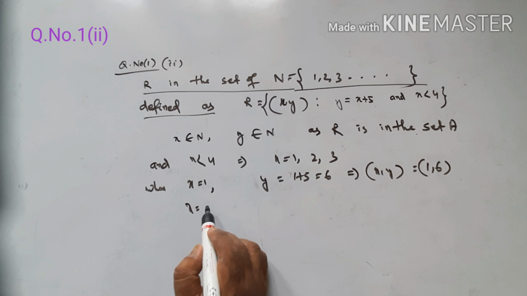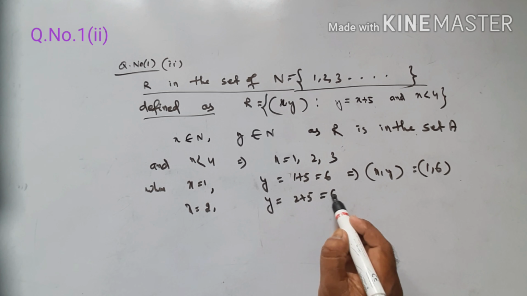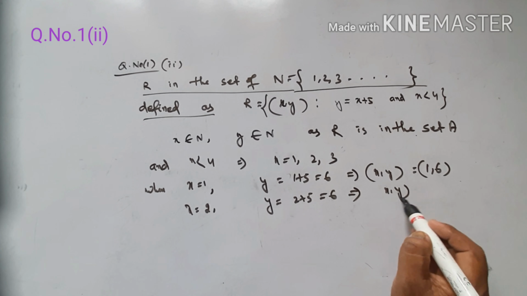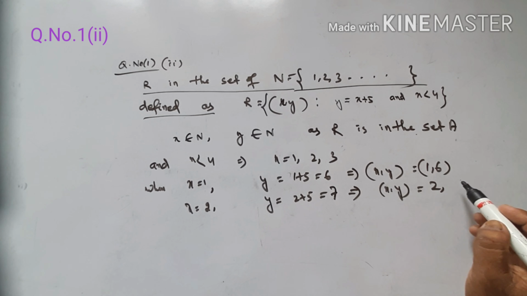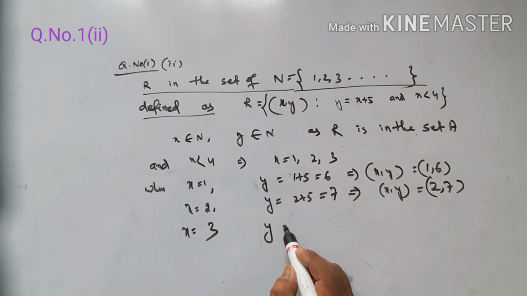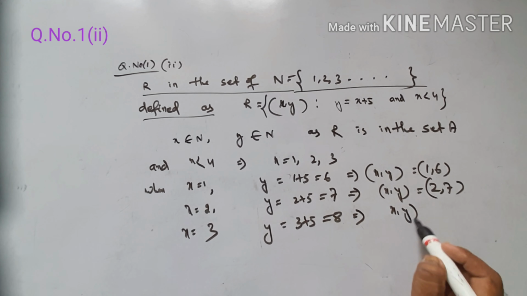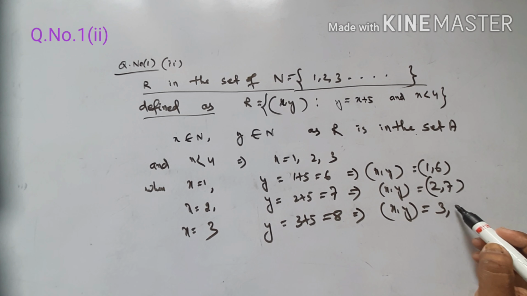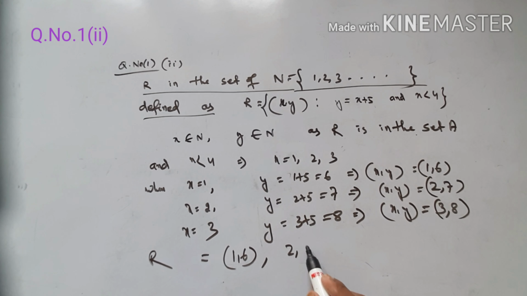Similarly, when x equal to 2, y equal to 2 plus 5 equal to 7, so the pair is (2, 7). When x equal to 3, y equal to 3 plus 5 equal to 8, so the pair is (3, 8). So R equal to {(1, 6), (2, 7), (3, 8)}.